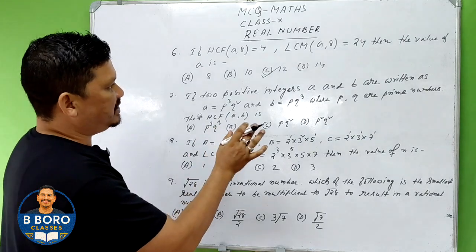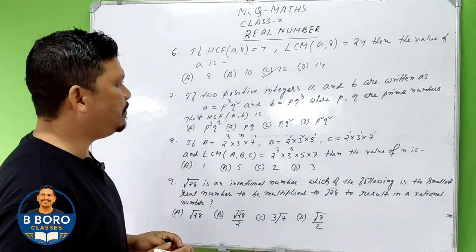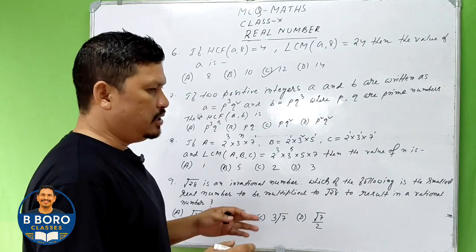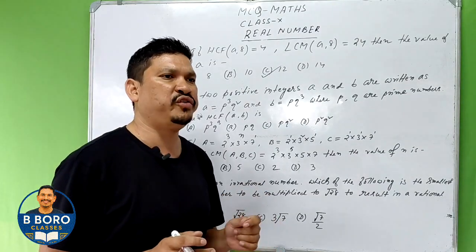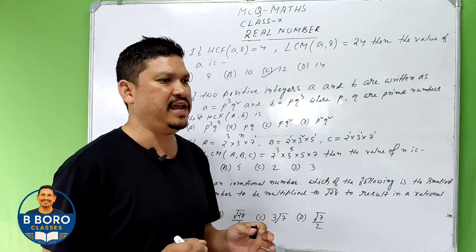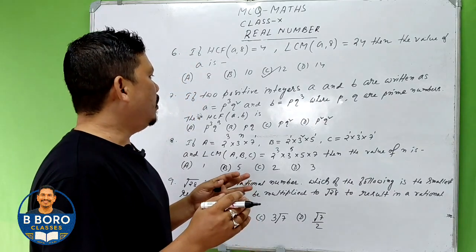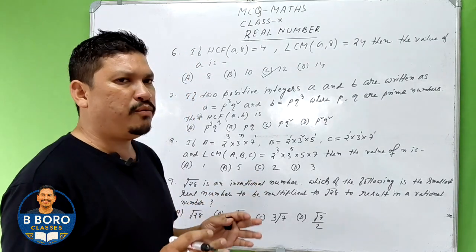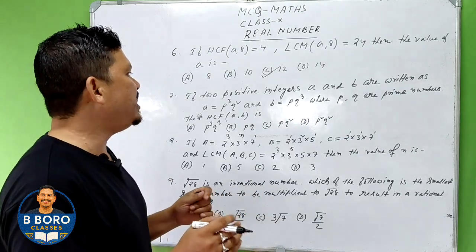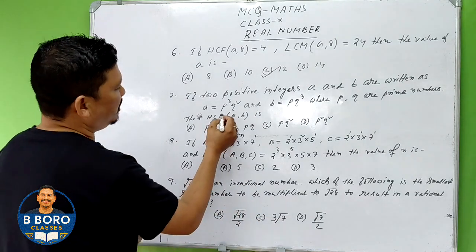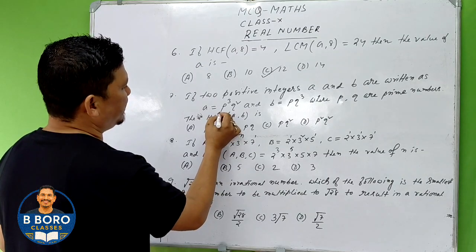First of all, HCF means highest common factor. If we are given any two or three numbers, how can we find HCF? HCF is the product of common factors with lowest power.